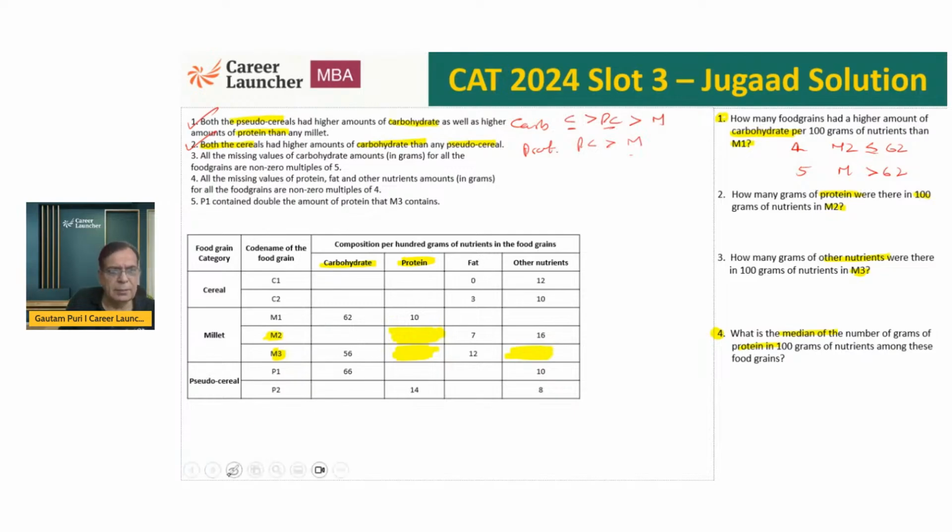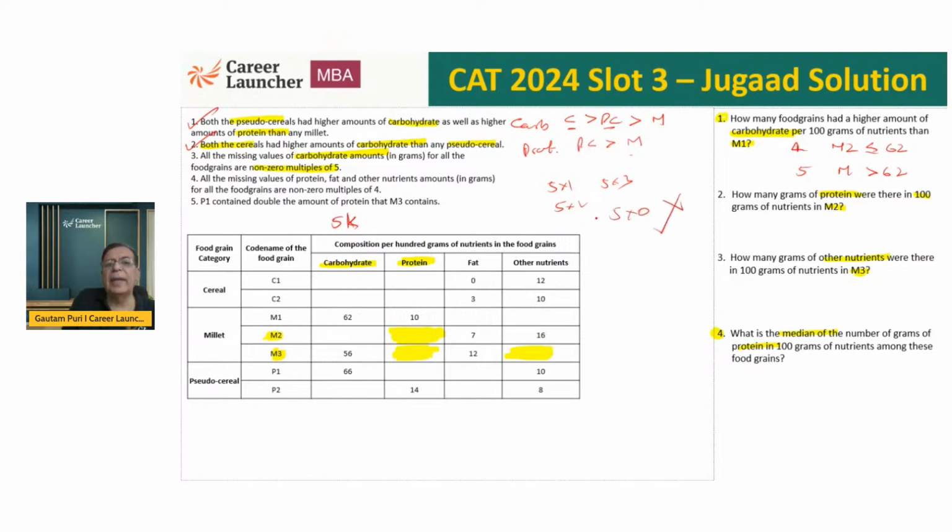Next statement. All the missing values of carbohydrate amounts in grams for all food grains are non-zero multiples of 5. So what are the missing carbohydrate values? They are all non-zero multiples of 5, so some multiple 5k. What do I mean by 5k? It could be 5 into 1, 5 into 2, 5 into 3. Can it be 5 into 0?